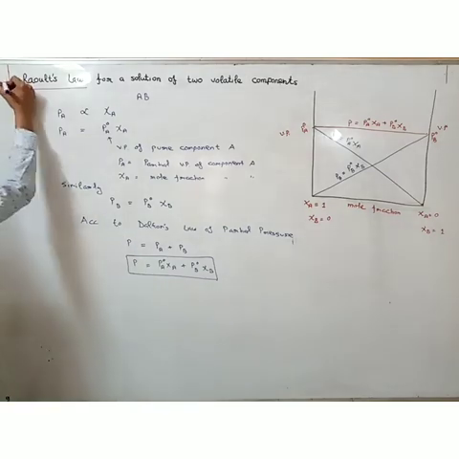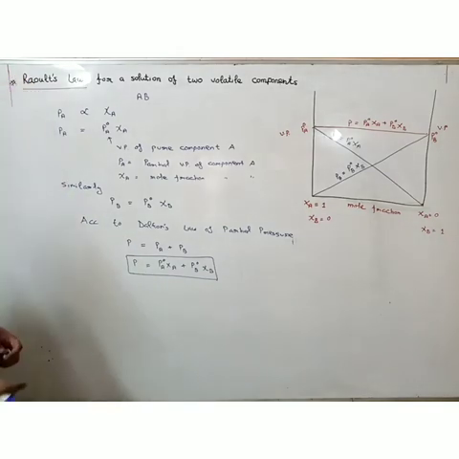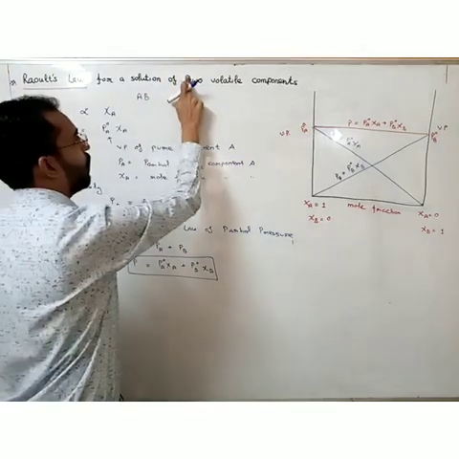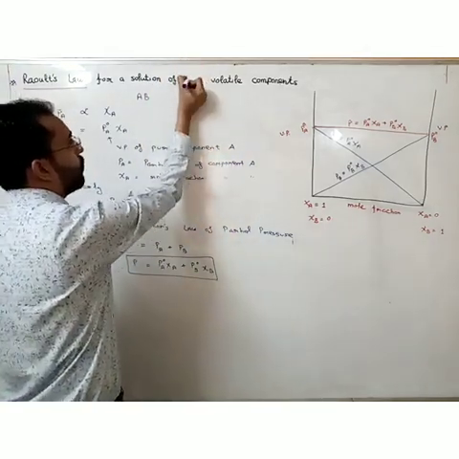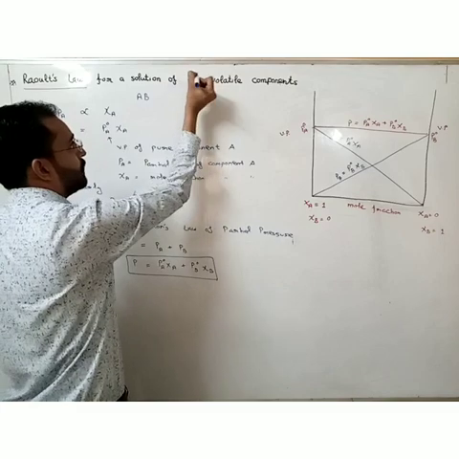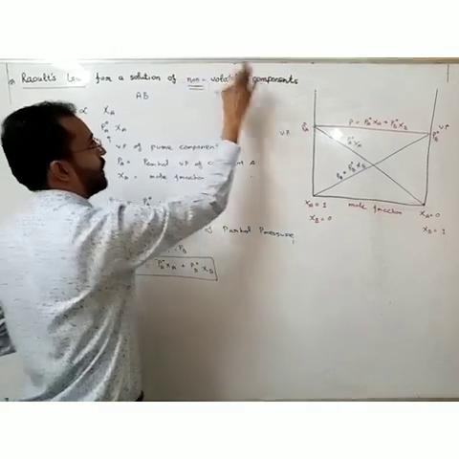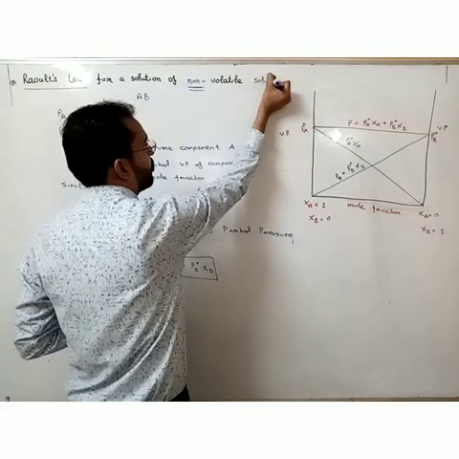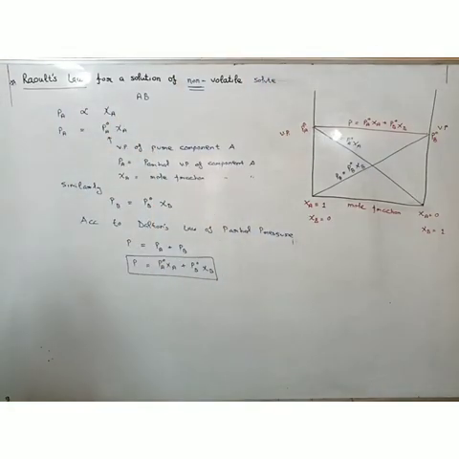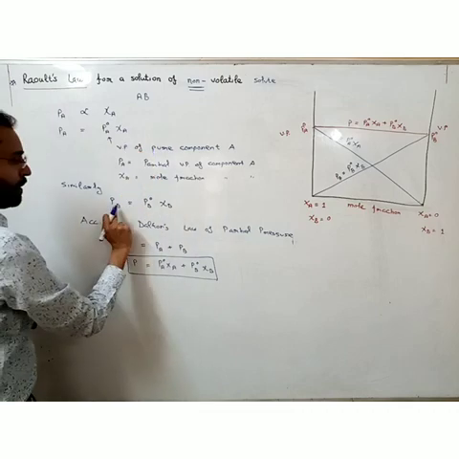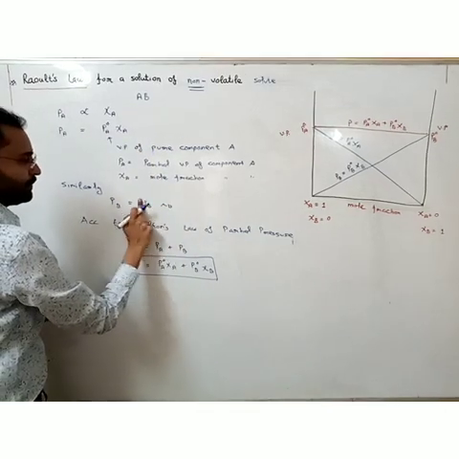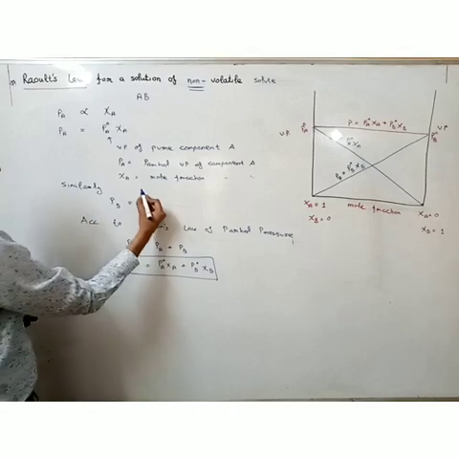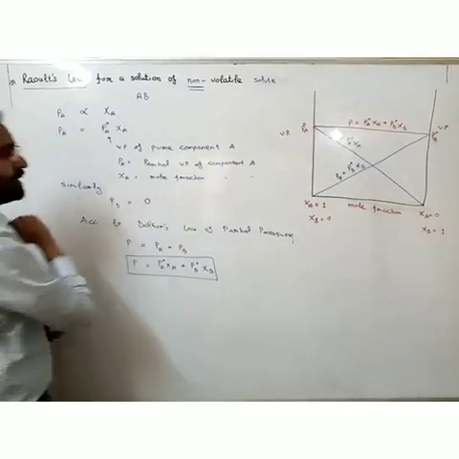Second one is Raoult's law for a solution of non-volatile, remember this, non-volatile solute. If a solute is non-volatile, then vapor pressure of component B becomes 0.